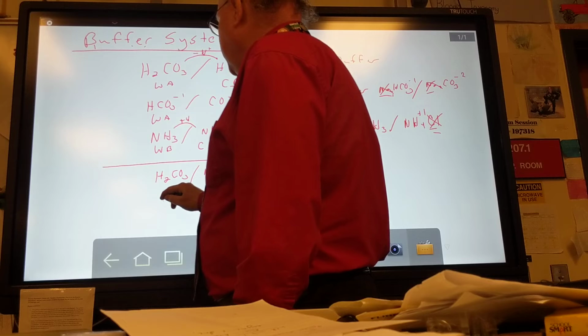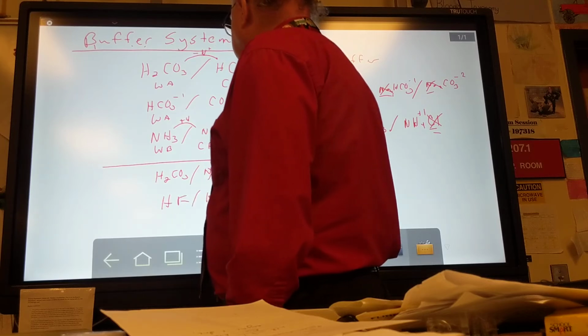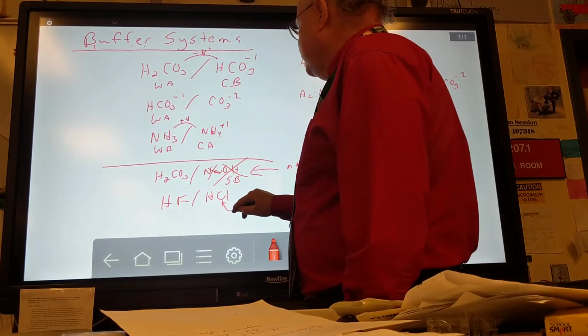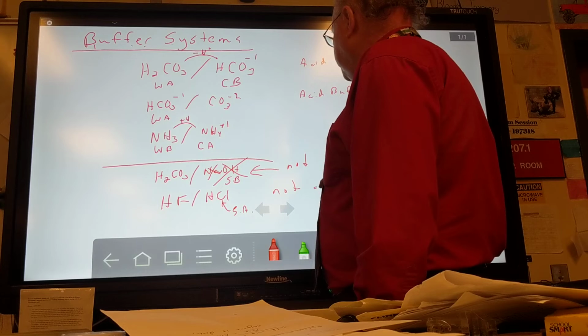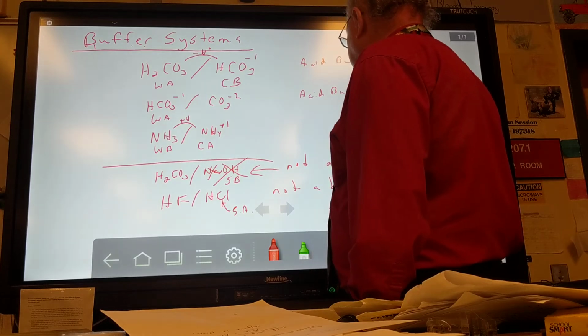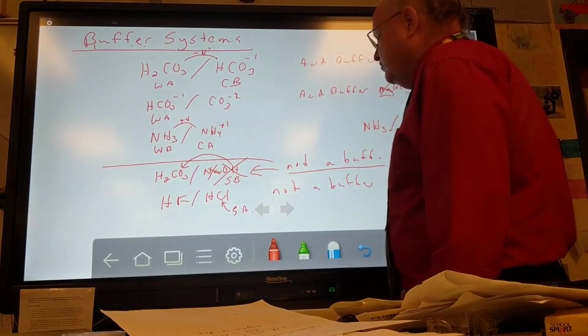If I had something like hydrofluoric acid and I mixed it with HCl, because that's a strong acid, not a buffer. This kind of was a bad example because the hydroxide would actually react with that.